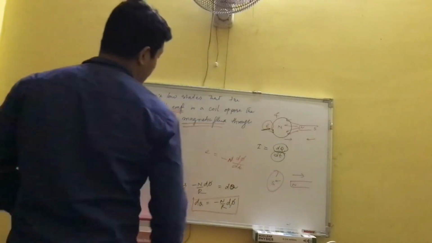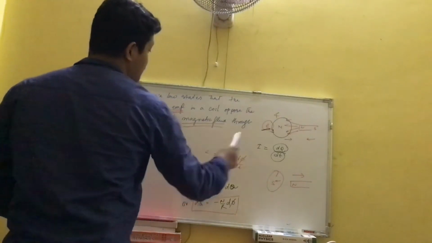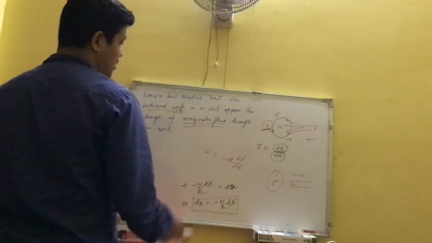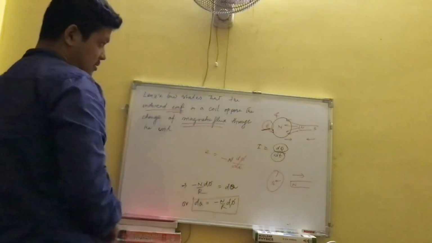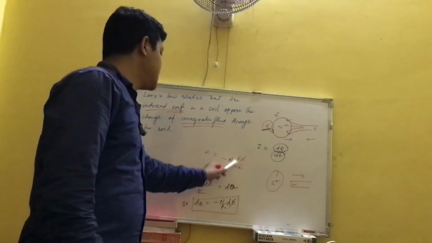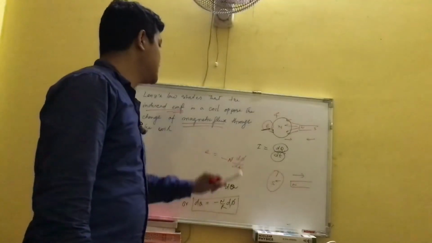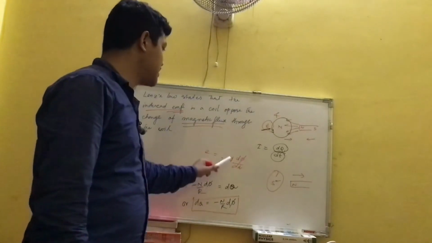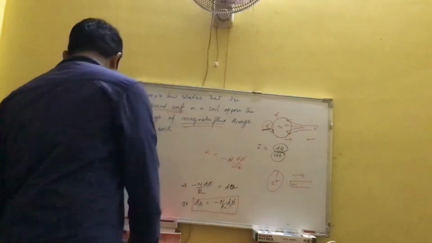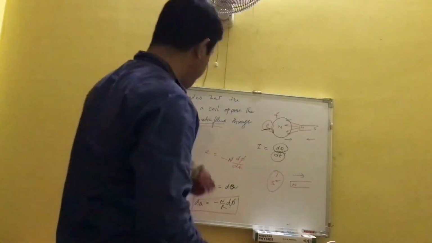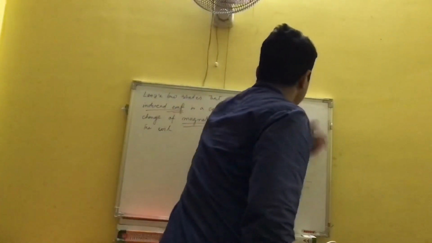So that's why this minus sign is written, because this EMF opposes the reason for which it is induced in this coil. The reason is change of magnetic flux, and this EMF opposes this change in magnetic flux. That's why this minus sign is written here. Hope you have understood this. Now let me explain a few more things.